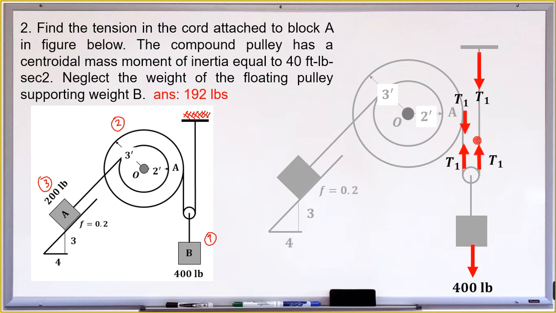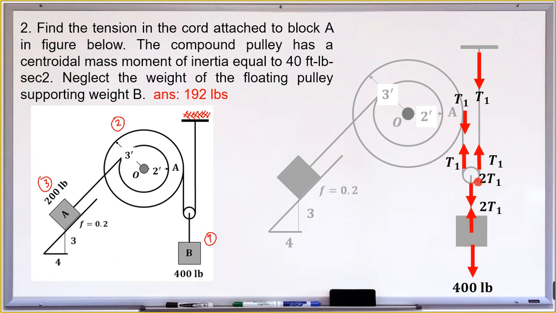And then there are tensions in the rope. For block B, there are two ropes involved: this straight one, and the one that passes through the floating pulley. We assume the tension in the rope above the floating pulley is T1. So there are two T1 because there are two ropes there.